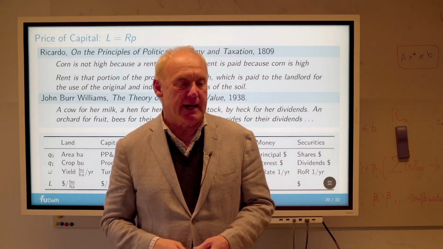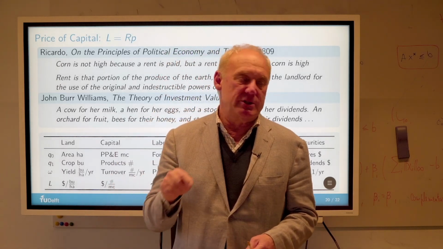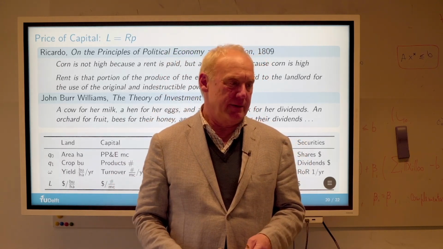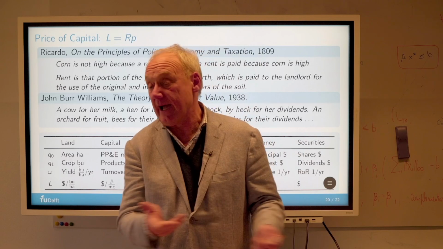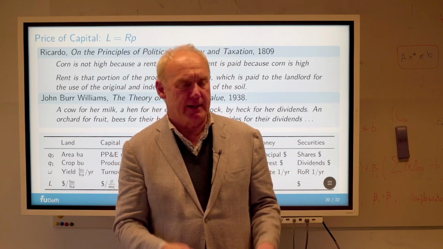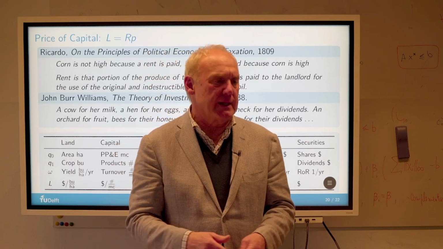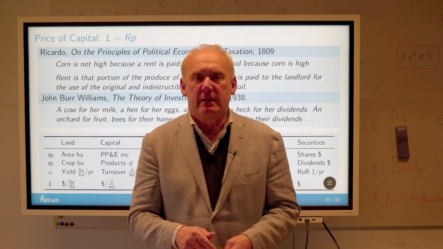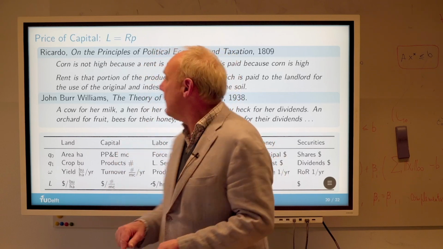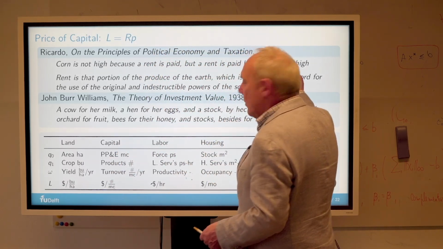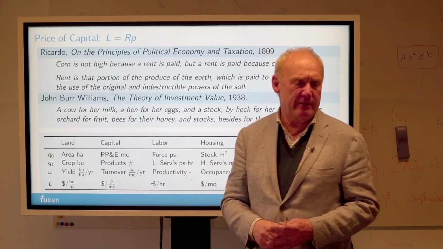For the old guys, rent was the payments you made for the use of the land. They call that rent. It still is kind of rent. So you rent the land, or you rent a car, or you rent something. Those payments, that rent is high because corn is high, all right?